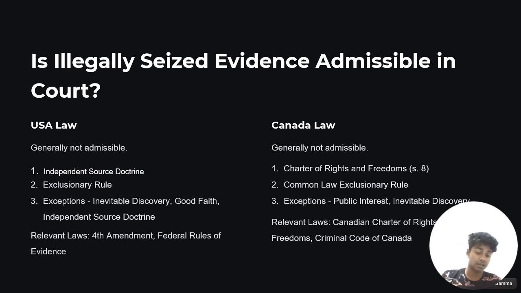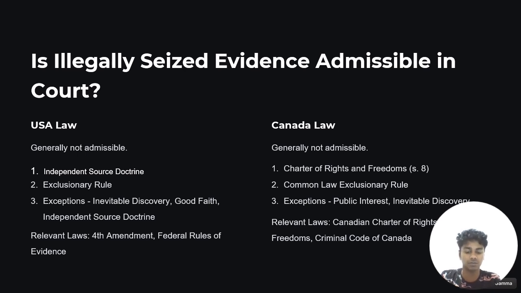Inevitable discovery doctrine. Under this doctrine, if the evidence would have inevitably been discovered by lawful means, it can be admitted in court. This was set forth in Nix versus Williams in 1984, acknowledging that the deterrent purpose of the exclusionary rule is not served when evidence is bound to be found by lawful investigation.